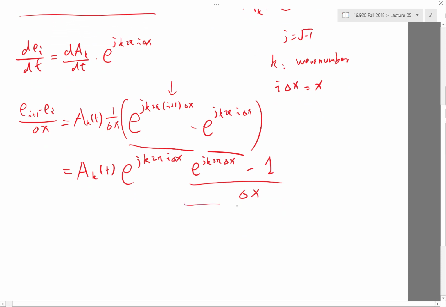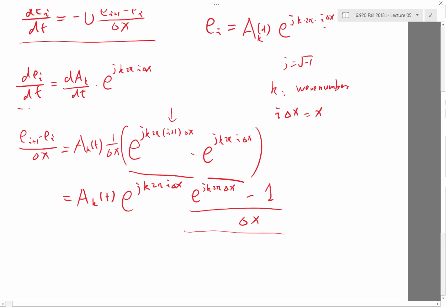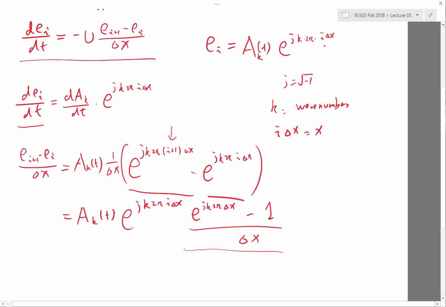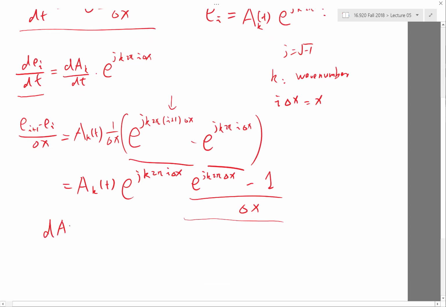Now, what is that? Okay, so let's first match terms. Because dE_i/dt has to equal minus u times this thing, right? That means da_k/dt has to be minus u times a_k times that thing.